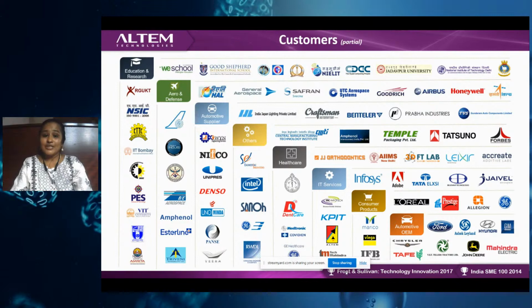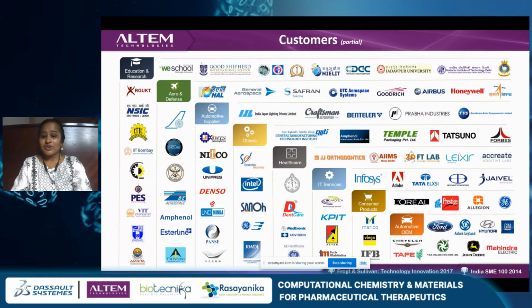Biovia's sophisticated simulations, modeling, and quality management systems enable customers to discover, design, and deliver innovative products globally. Biovia also provides solutions to more than 2,000 companies in life sciences, chemistry, oil and gas, consumer packaged goods, and to academic and government entities. Such a huge company is joined with Altem Technologies, and I am proud to announce this.